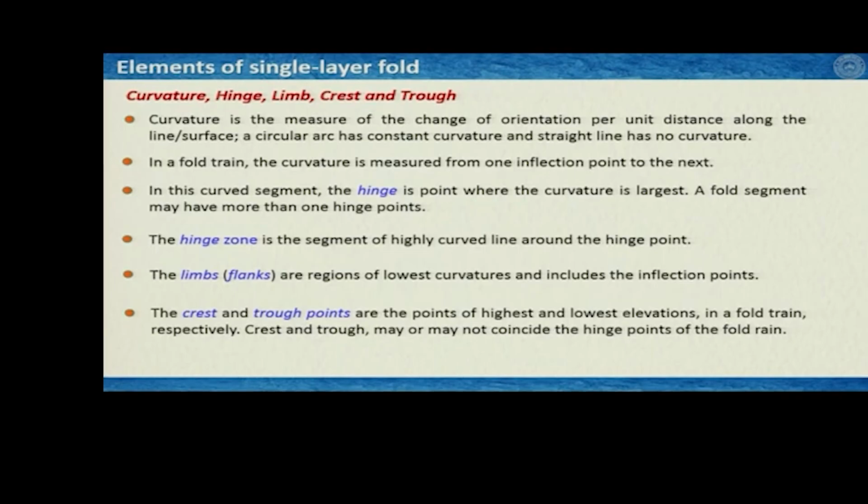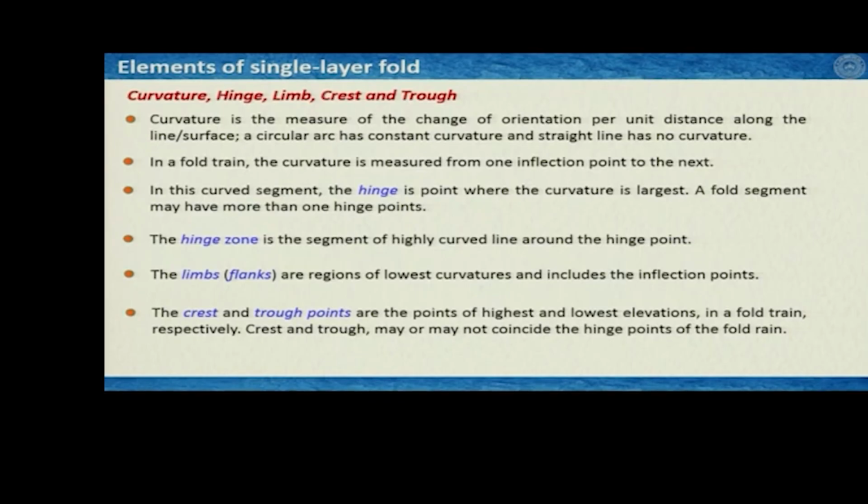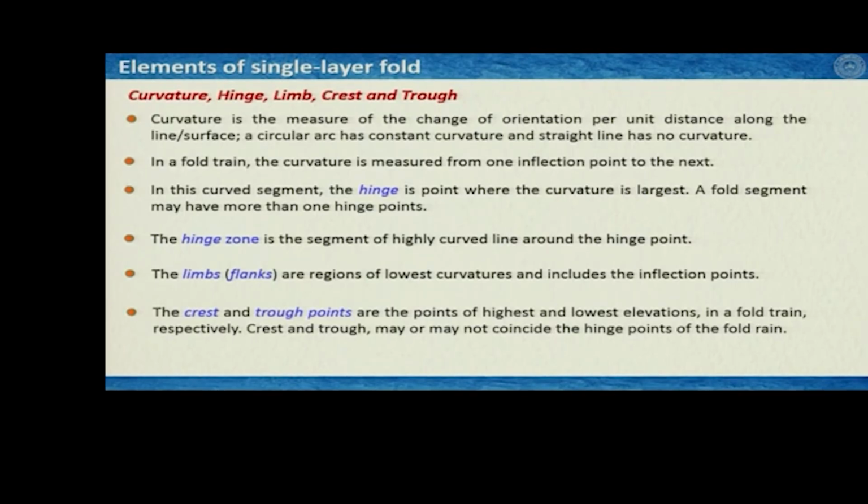We know that curvature is the measure of the change of orientation per unit distance along the line or surface. That means for a circular arc, if I draw a circle, the curvature is continuously changing and the change of curvature is constant. Mathematically it is defined as curvature d2y by dx2.